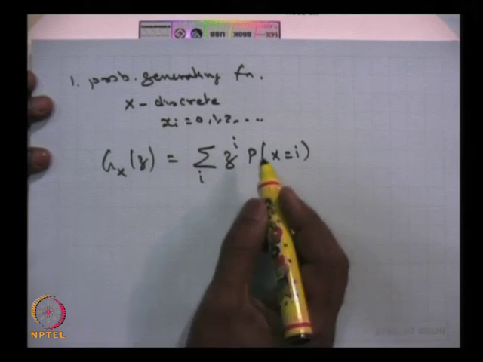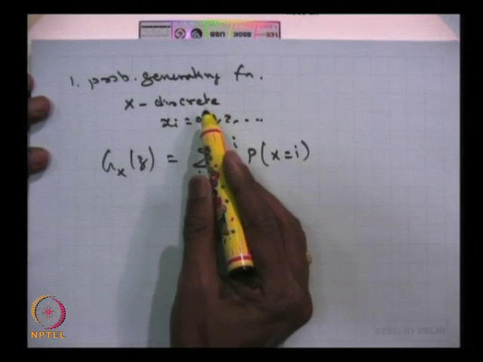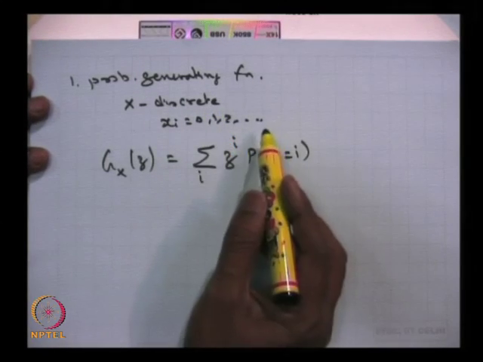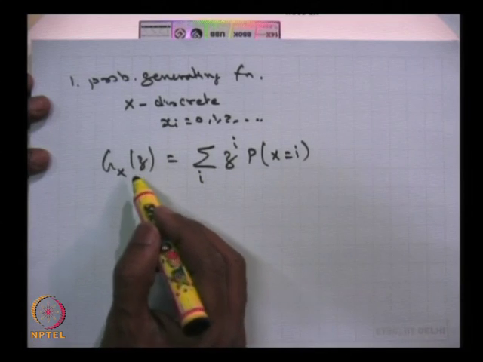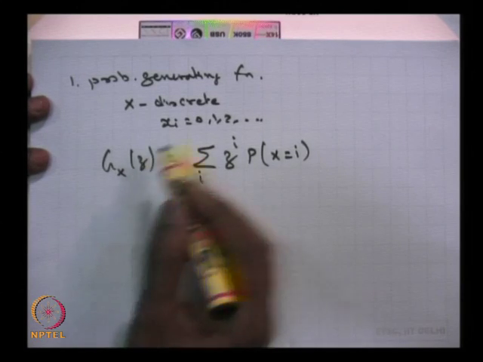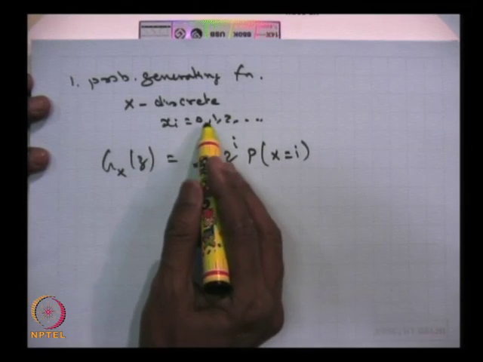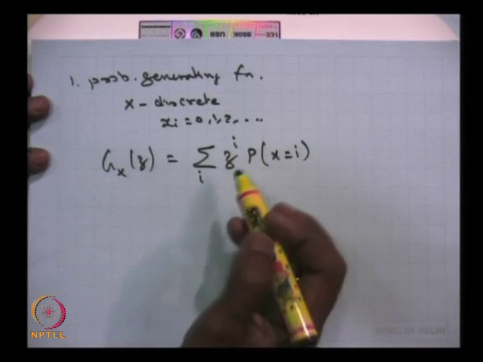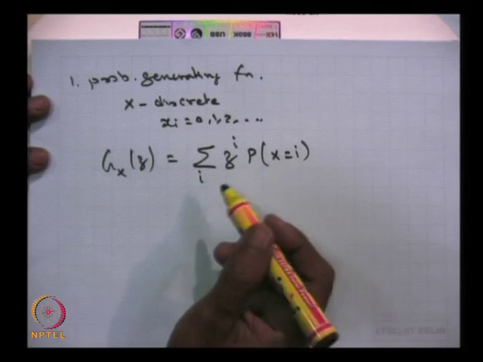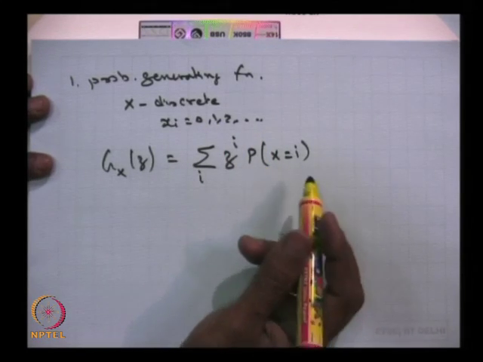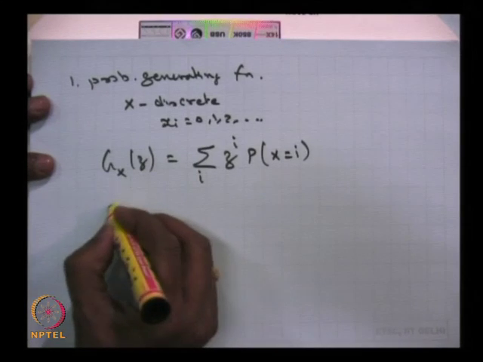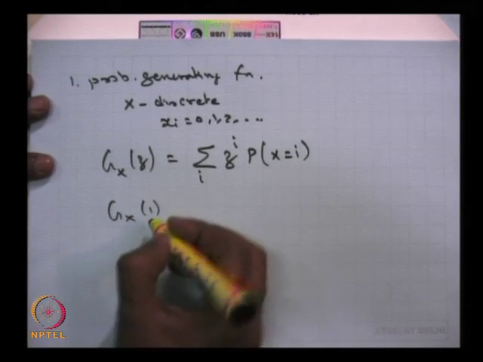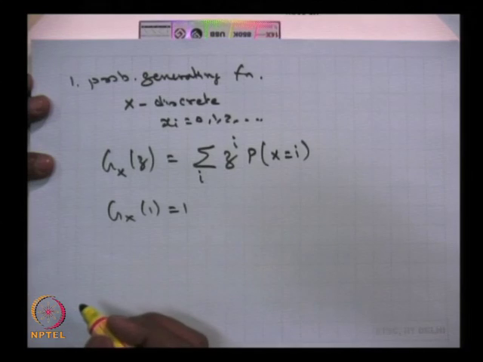If the discrete random variable takes countably finite values, then the probability generating function is a polynomial. If it takes countably infinite values, then it is going to be a series. This series always converges, and the value at 1 is going to be 1.